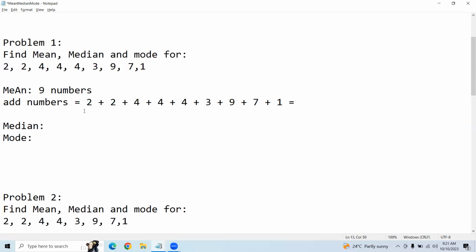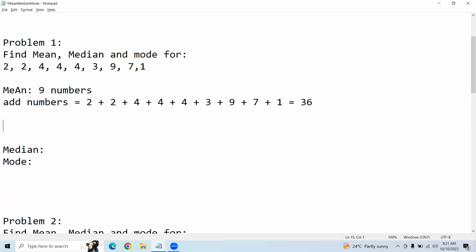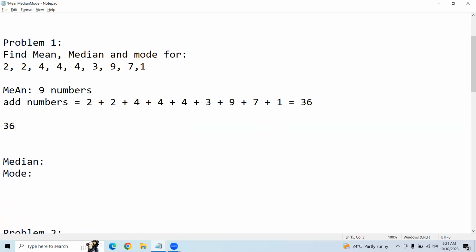So 2 plus 2 is 4, 4 plus 4 is 8, 12, 16, 19, 28, 35, 36. You can cross-check your sum: 4, 8, 12, 16, 19, 28, 35, 36. So we got our sum as 36. How many numbers did we add? We added 9 numbers. So 36 upon 9. 9 fours are 36, so our mean is 4.